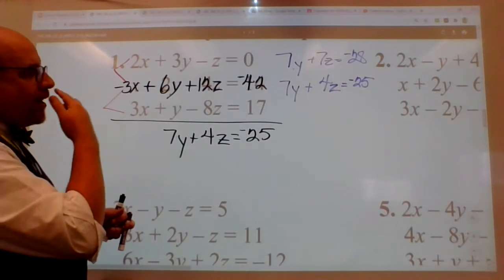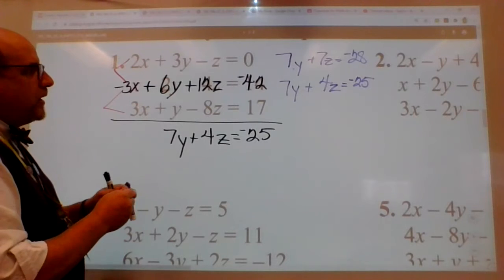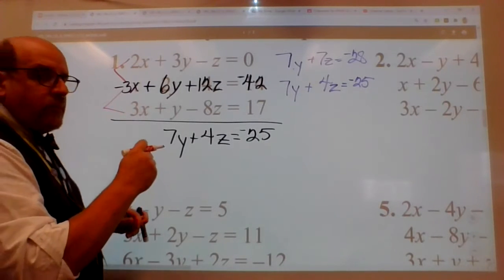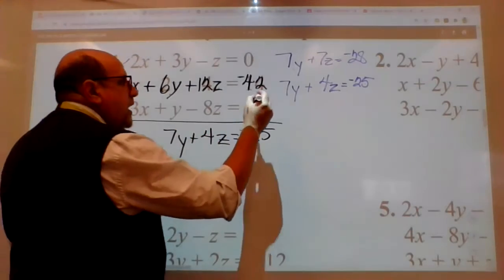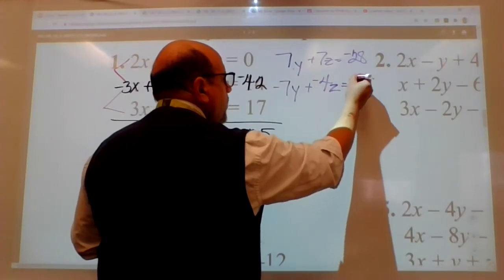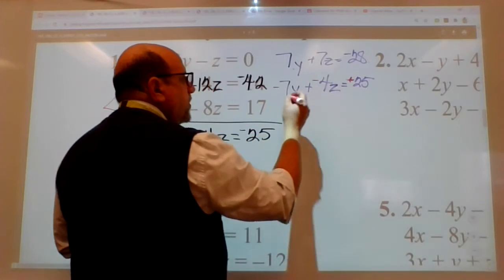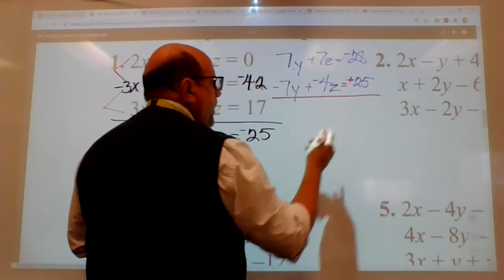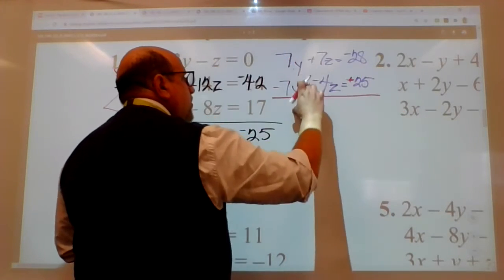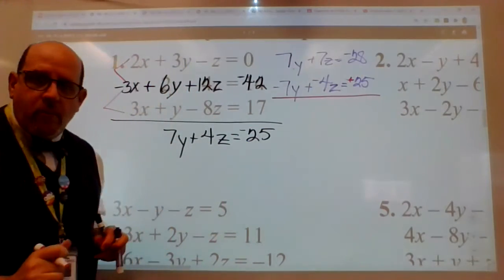Well, it looks like I have 7y and 7y, so I think I'm going to go ahead and eliminate my y's. And what I'm going to do is multiply everything by negative 1 just because I don't want you playing with subtraction. If I multiply every piece by negative 1, now I have opposites with my 7y's.